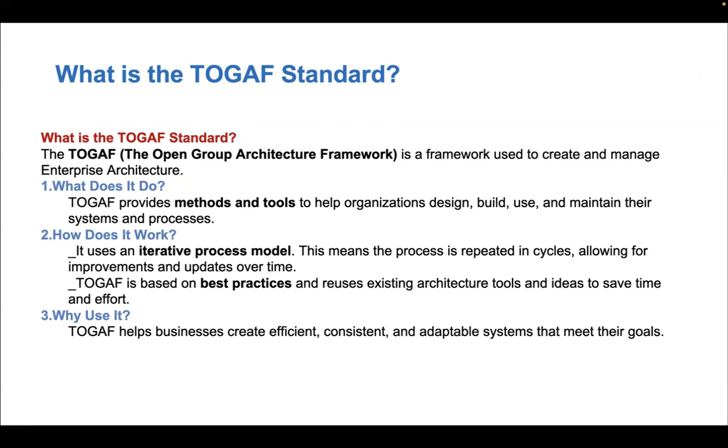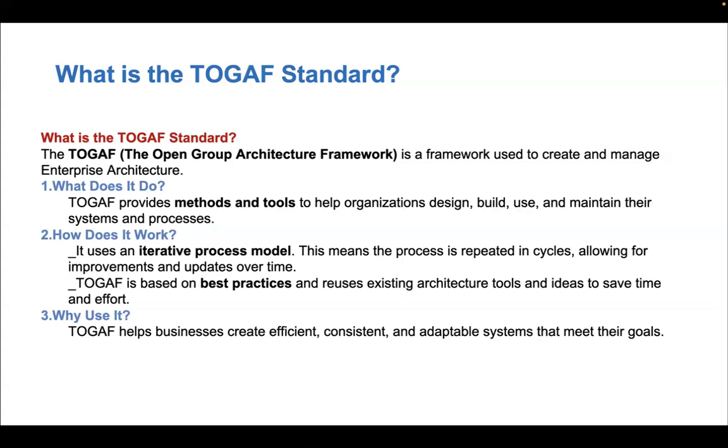What does TOGAF do? TOGAF provides methods and tools to help organizations design, build, use, and maintain their systems and processes. Okay, so TOGAF is like a city planner who provides guidelines and tools to design and build your city in an efficient way. So it helps businesses organize their systems just like a city planner organizes the roads, bridges, and buildings, as an example.